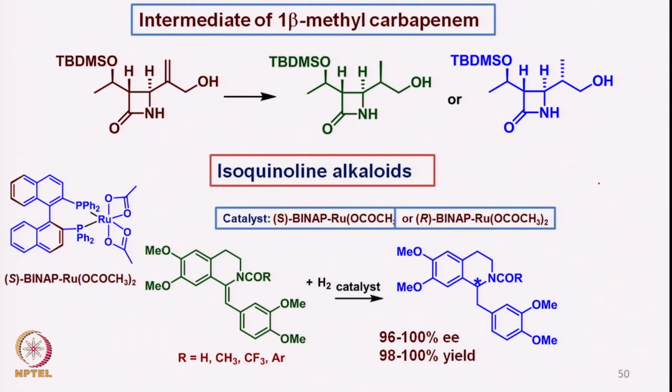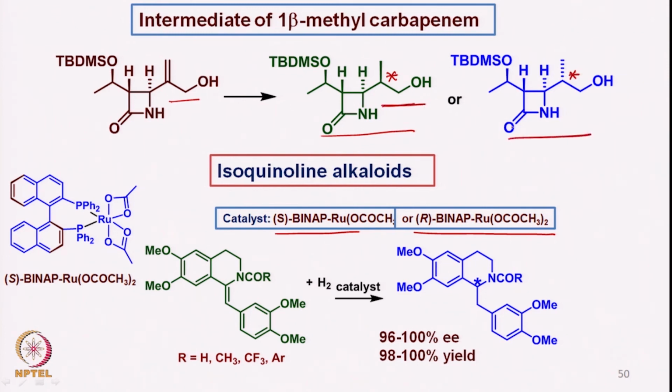Likewise, these binap based catalysts have been used for the conversion of this allylic alcohol to this saturated alcohol or this saturated alcohol. They are enantiomers of each other.